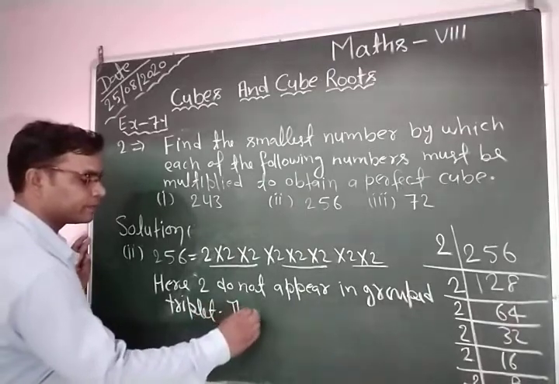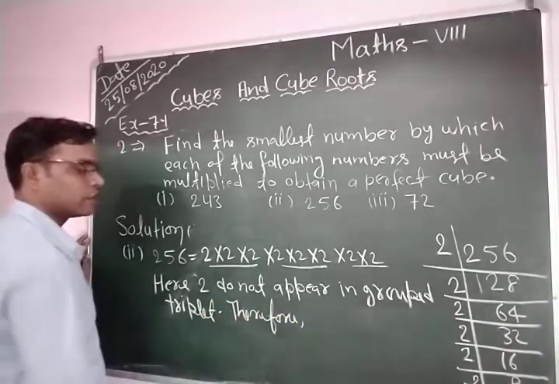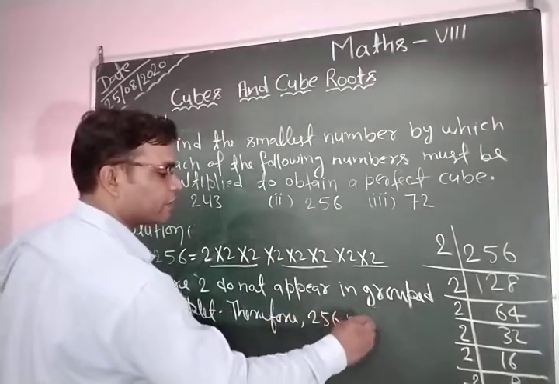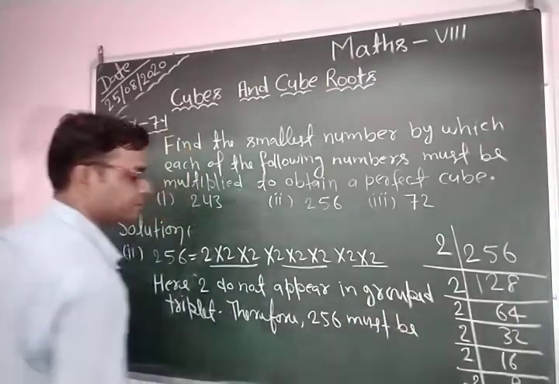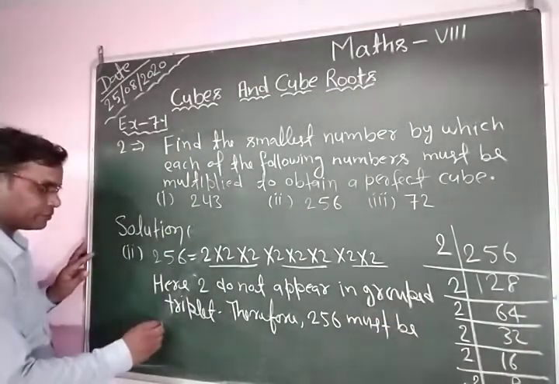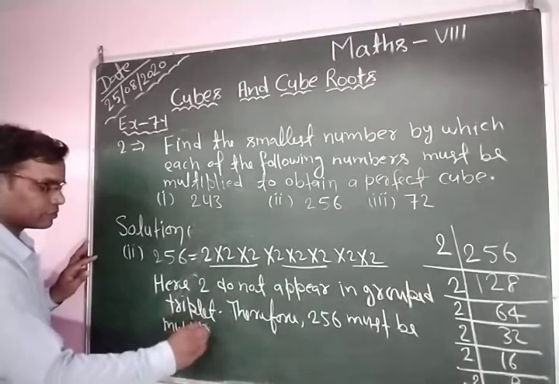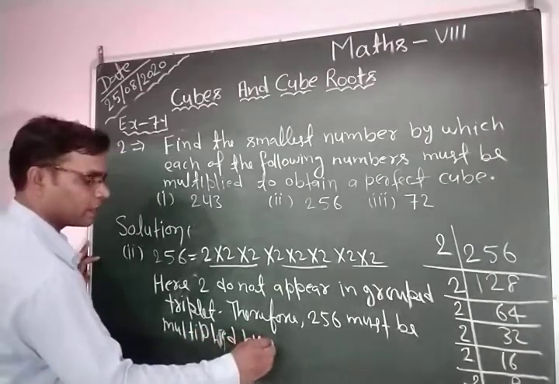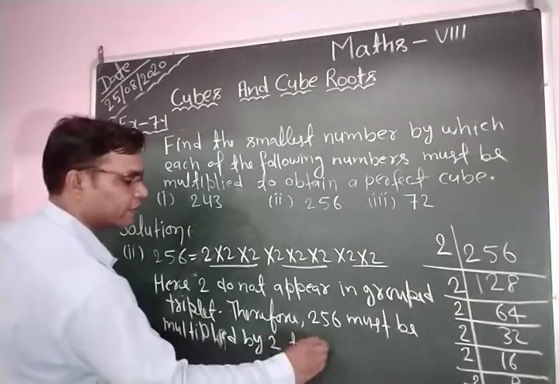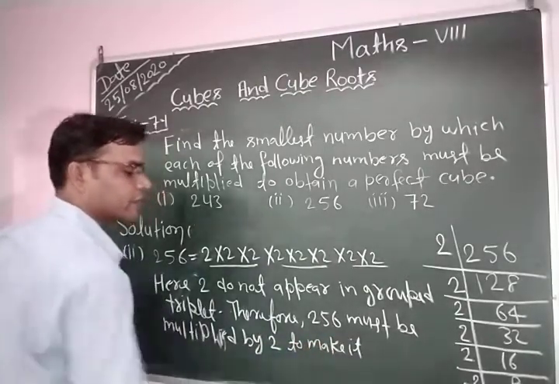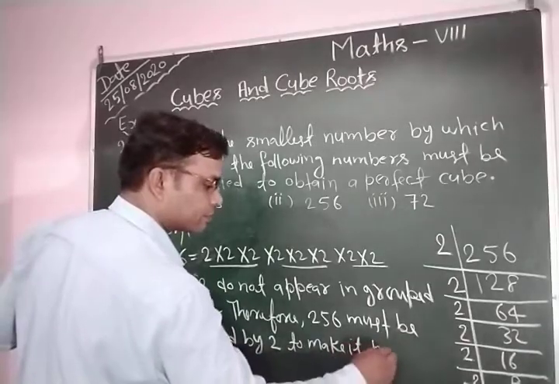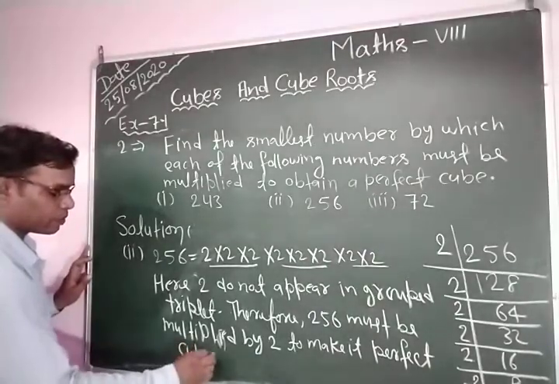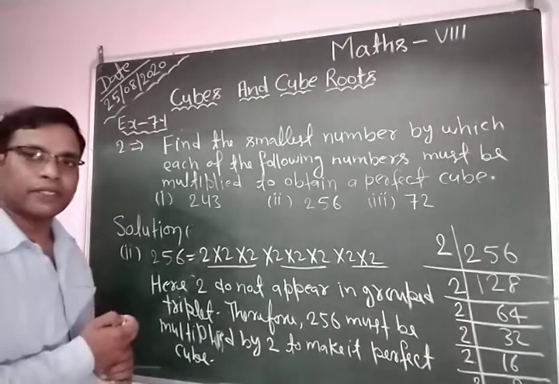Therefore 256 must be multiplied by 2 to make it a perfect cube.